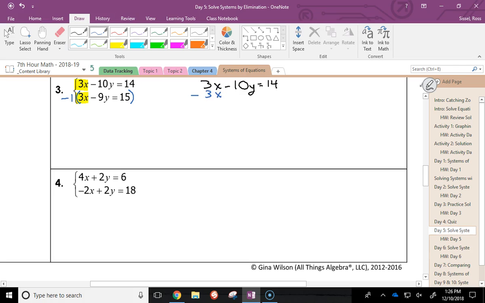Negative 1 times negative 9y is a positive 9y. 15 times negative 1 is negative 15. Now, I want you to go through and solve. I'm going to pause our video here. I want you to solve this equation, and I want you to find out what one of your variables equals. We just did 2 examples like this. You should be able to solve it.